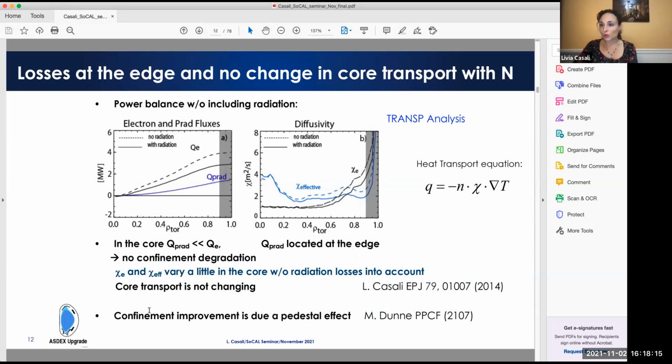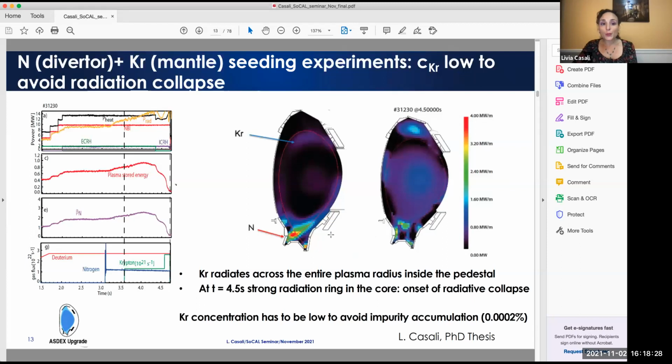Later on it was demonstrated that the confinement improvement is a pedestal effect, which then propagates to the core via profile stiffness. We also did experiments where, in addition to nitrogen, we used krypton for mantle radiation because, as I mentioned, future reactors are going to need both divertor and mantle radiation.